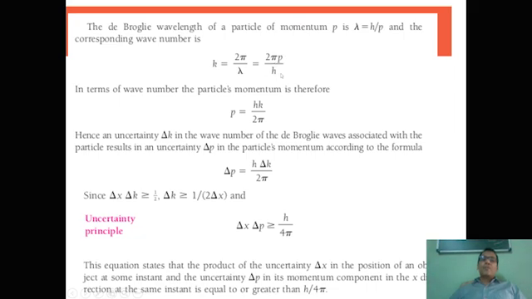So we can rearrange this relation in terms of p, that is p equals h k by 2 pi. When we take the differentiation, or the error part, delta p equals h upon 2 pi, which is a constant, times delta k. So delta p equals h delta k upon 2 pi.